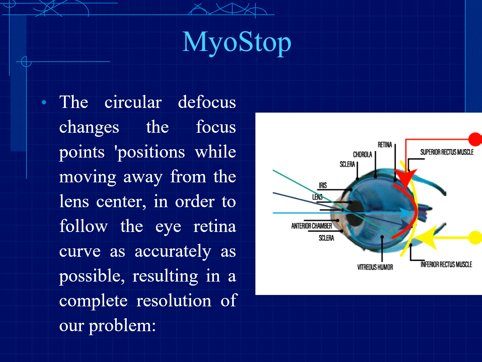But this continuous changing of the power for the MyoStop lenses makes a very smooth and very comfortable situation for the peripheral part of the image, and it can also affect the defocused part of the retina and can be very effective to focus the image on the retina at the peripheral part.